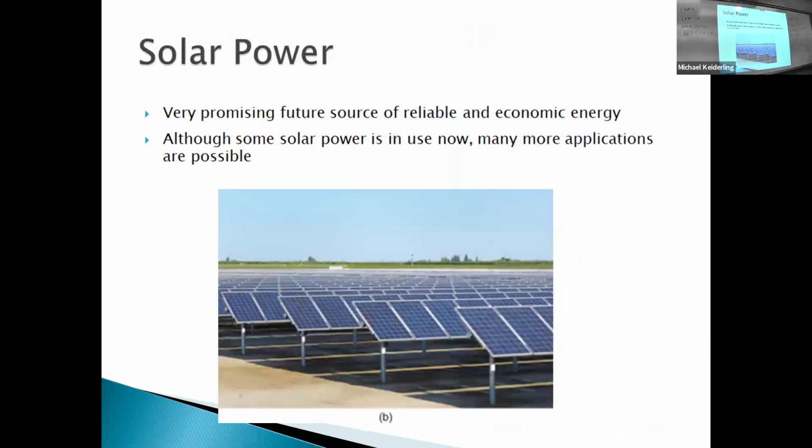Solar power. Solar power is great and has been doing great recently. It's a very promising source of reliable and economic energy. Solar panels got cheap, and we started generating tons of solar power. This is out of date in that lots of solar power is in use now because the price on solar panels dropped, basically.